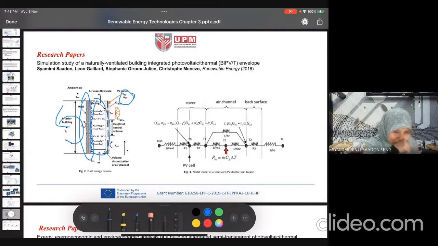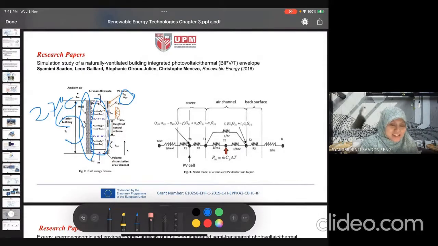For example, if we want the interior of the building to be at 27 degrees from 7 a.m. to 12 p.m., we need to design the solar thermal collector with the PV panel that can give heat, air that has a temperature around 27 degrees Celsius. So that is the purpose.